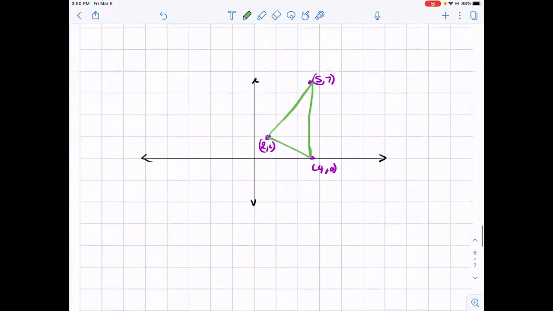Okay, so let's call this A, B. Well, let's not call it A, B, and C because I don't want to confuse.